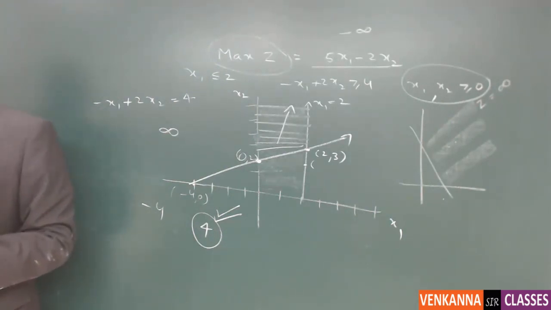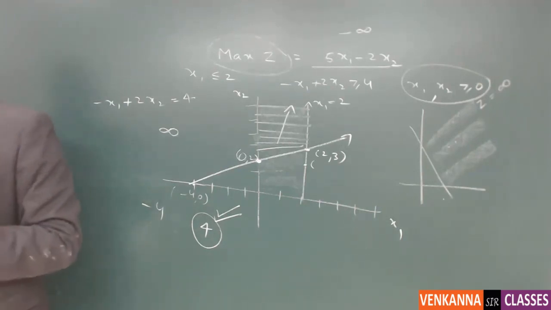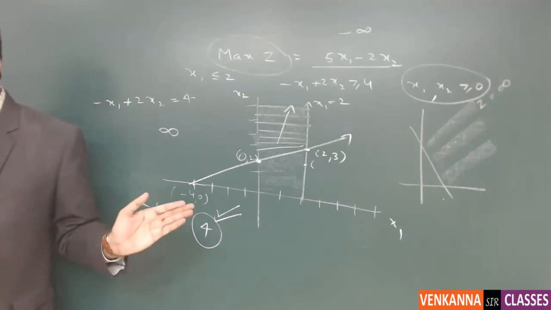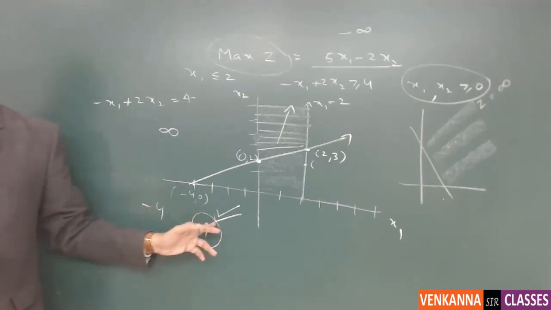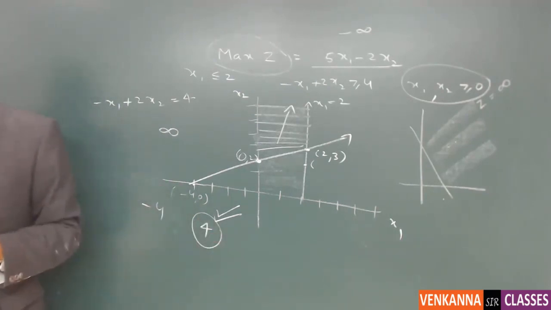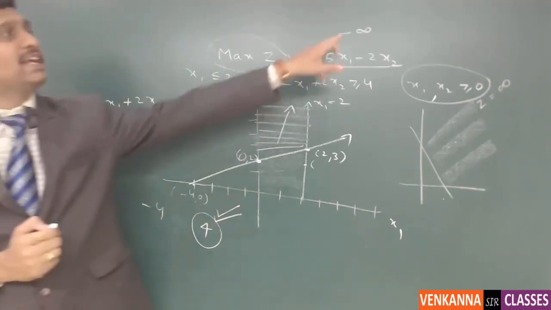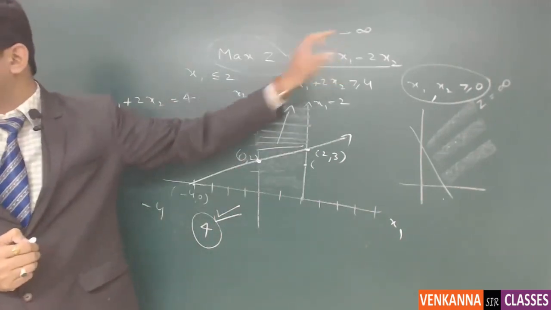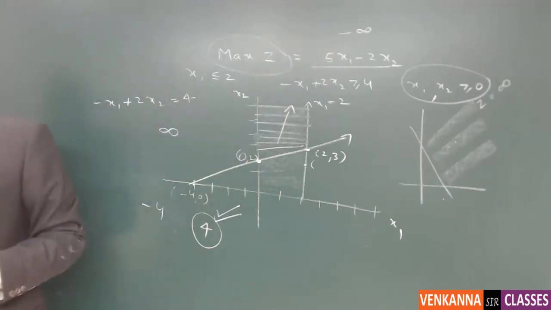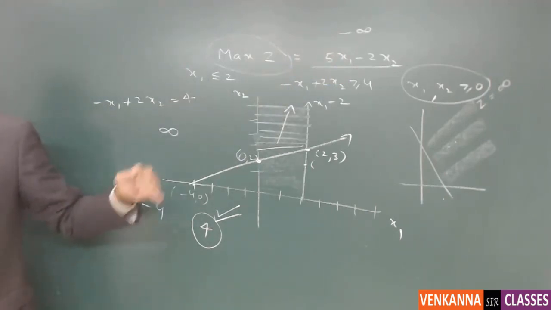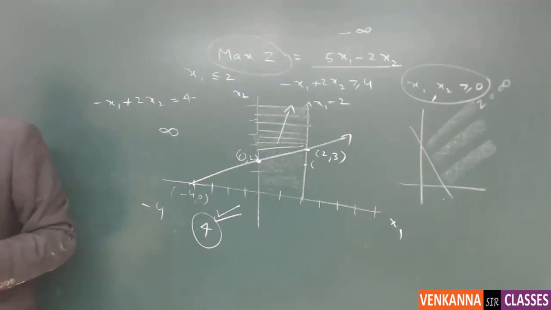Maximization, right? That means I am going to get the maximum profit. In this case, the maximum profit is 4. Accepted? Fine. So you cannot take the negative profit. Minus infinity we won't consider. Here you have obtained the maximum solution for the LPP.